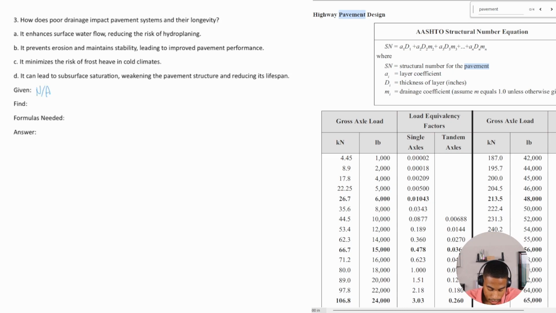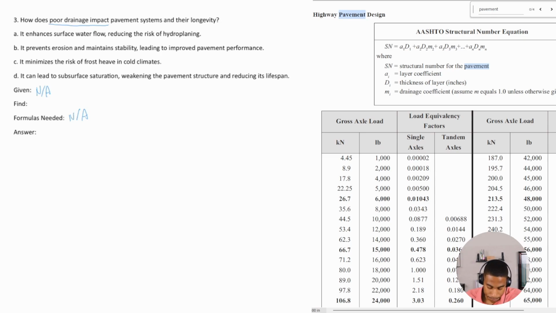What are we trying to find? Basically, how poor drainage impacts pavement systems and how long they're able to last. Are there any formulas needed? Not applicable. So let's look at our choices.